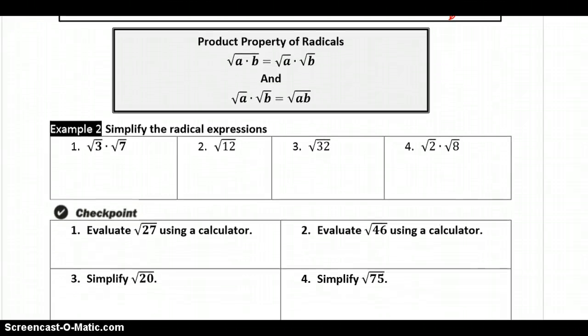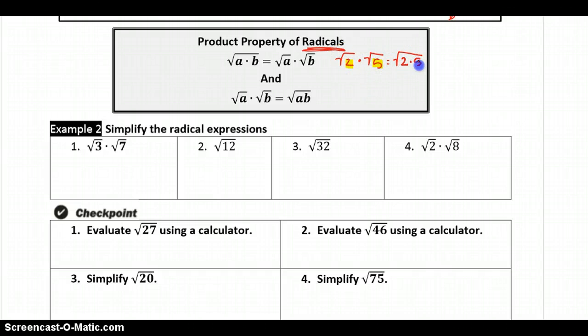The product property of radicals, radical is a word that just means square roots, tells us that if we have two square roots multiplied together, we can just combine the numbers inside the square root. So for example, if we have the square root of 2 times the square root of 5, we can just write one big square root and multiply the two numbers on the inside.